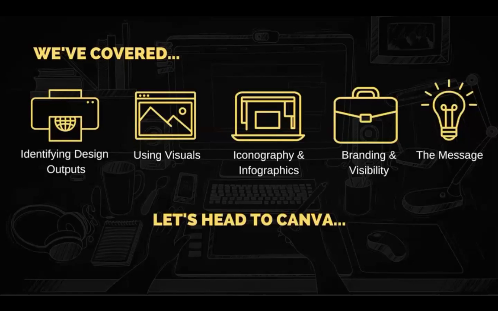Using your visuals, the decision between images and vectors, more cartoon for maybe younger audiences. Iconography and infographics, when to use and why to use them, whether it is to break up the monotony or an easier way for data to be visualized. Those are the questions you have to ask yourself.